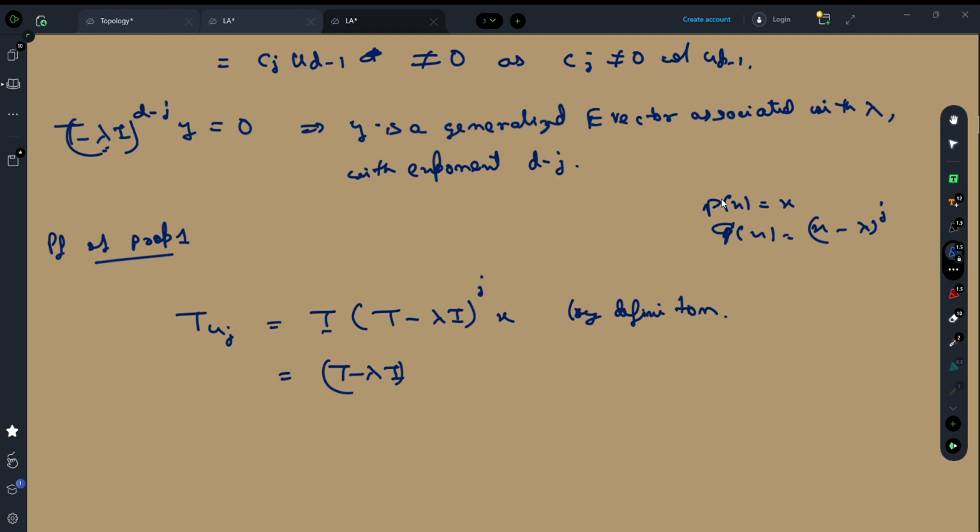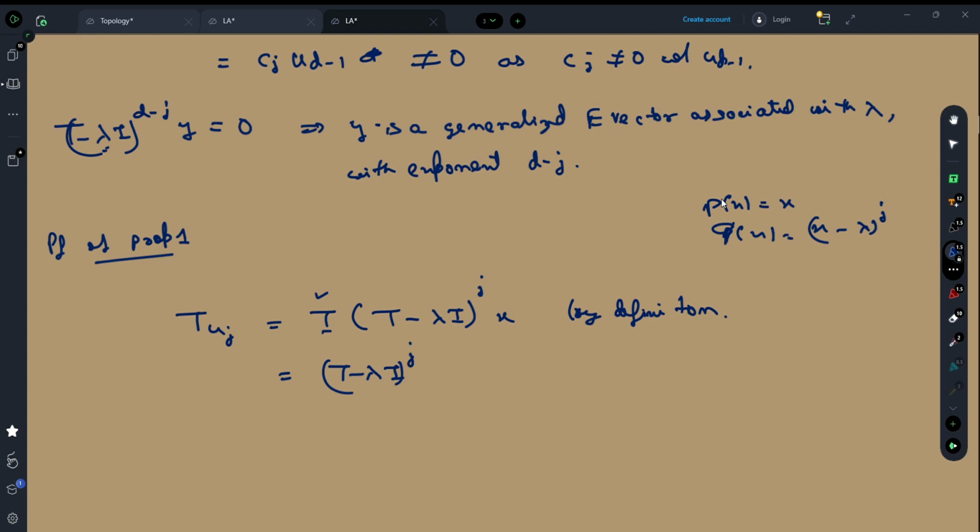Typically speaking, both are polynomials related to the same linear operator T, so they will obviously commute, right? There is no problem in the commuting. That is what I actually mean to say.